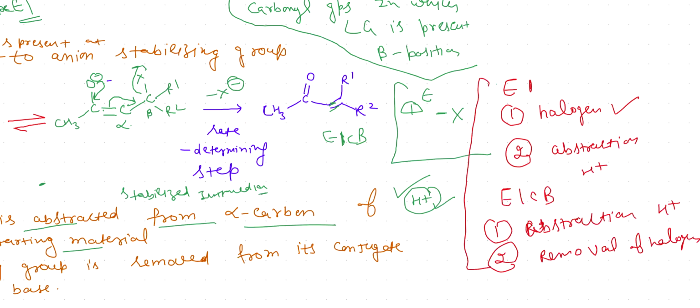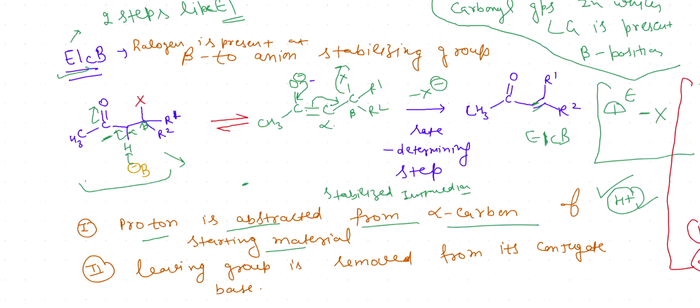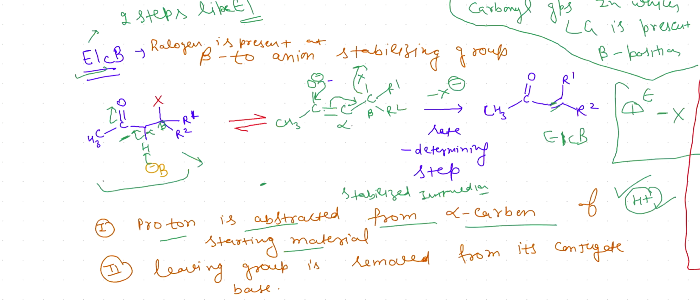Another thing, here we are using cB, conjugate base. So why are we using conjugate base here? In the first step, the proton is abstracted from the starting material. You can see the halogen is removed from this intermediate. This is the conjugate base of the starting material.